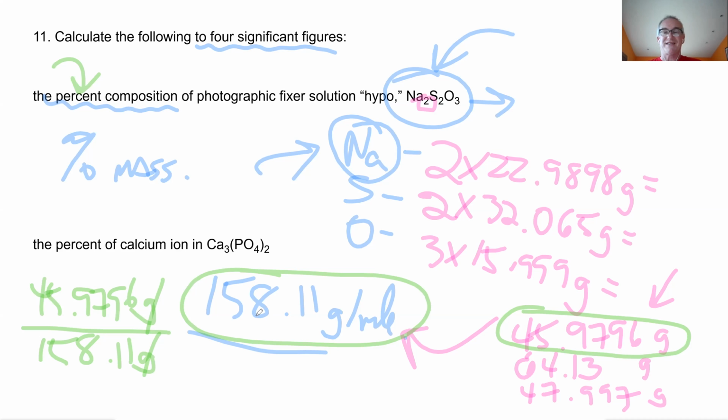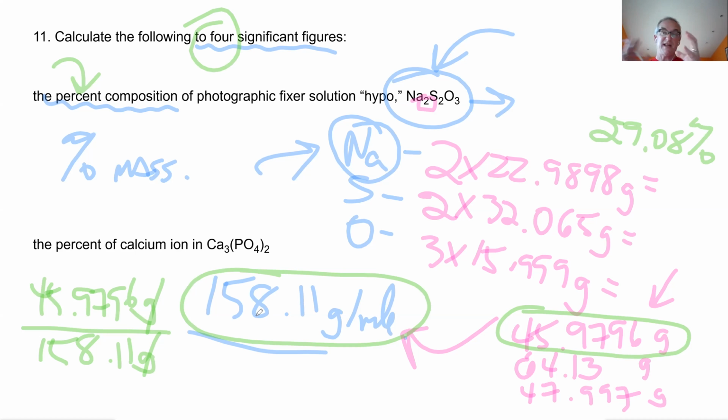So what would be our percent composition of sodium? 29 point, how many significant figures? We want 4. 29.08%. Yeah, and then you do the same thing for sulfur, and the same thing for oxygen. And then you make sure that when you sum them, you get 100%.